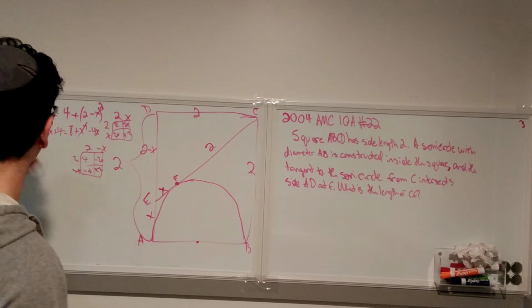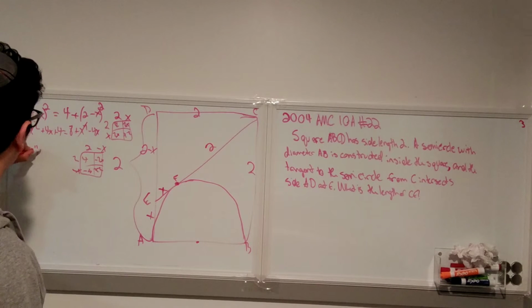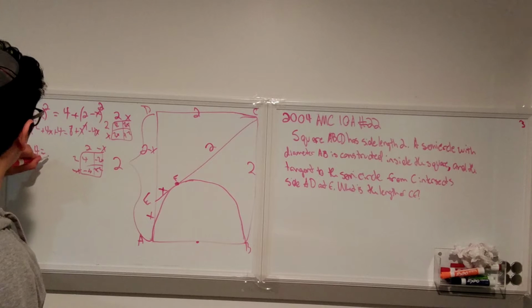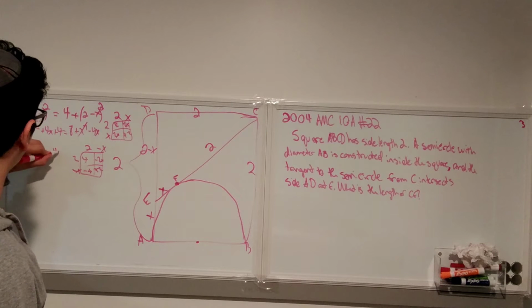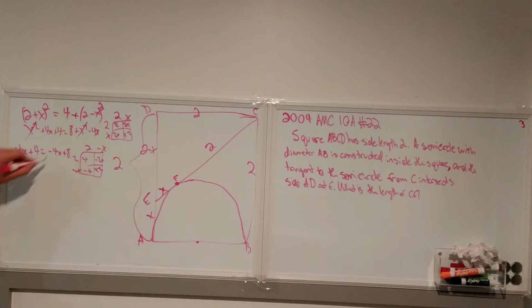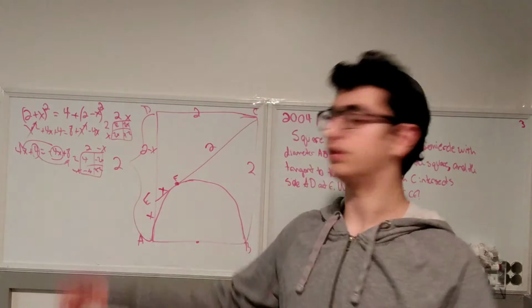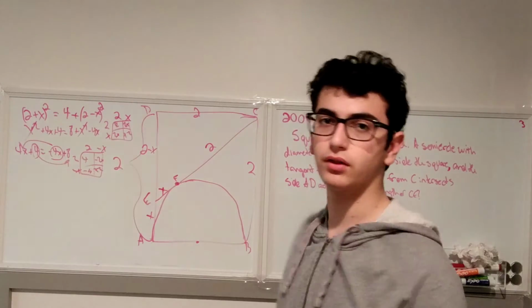Now these two x squareds cancel out, so we have 4x plus 4 is equal to minus 4x plus 8. So now what I'm going to do is move this over here and this over here. Another way to think about it is adding and subtracting on both sides.